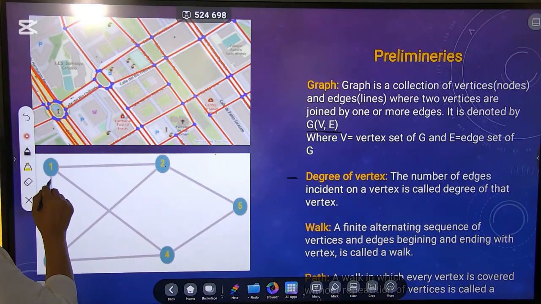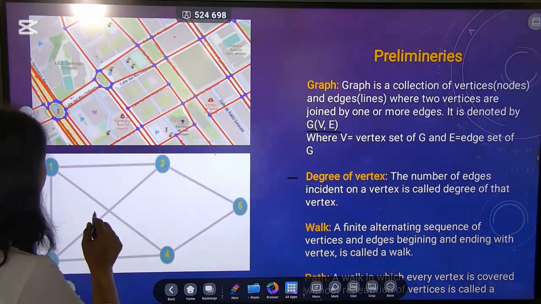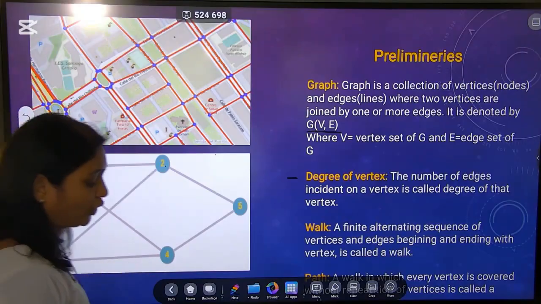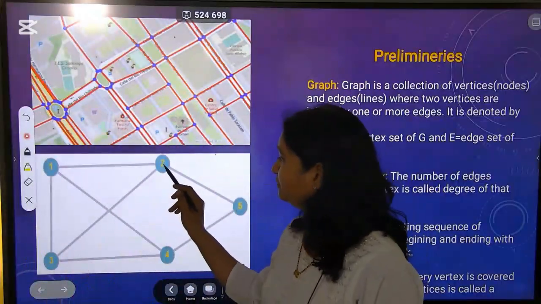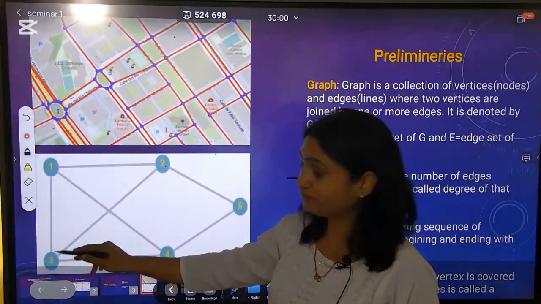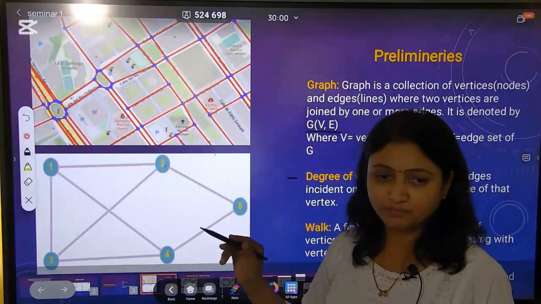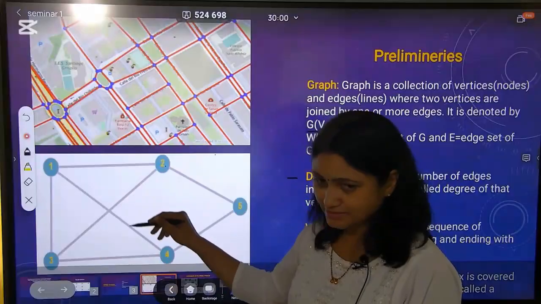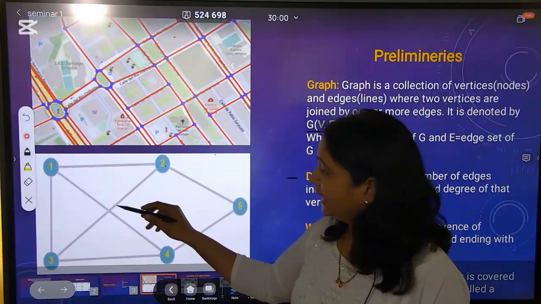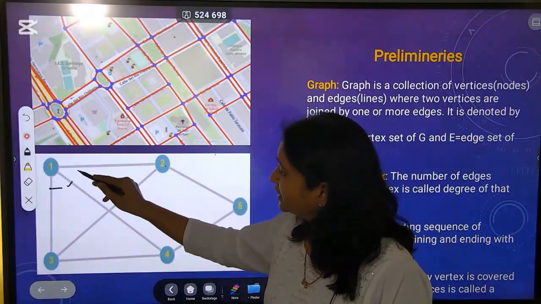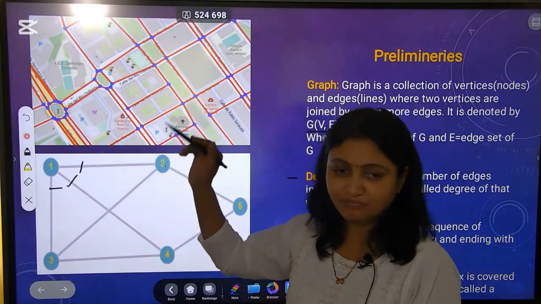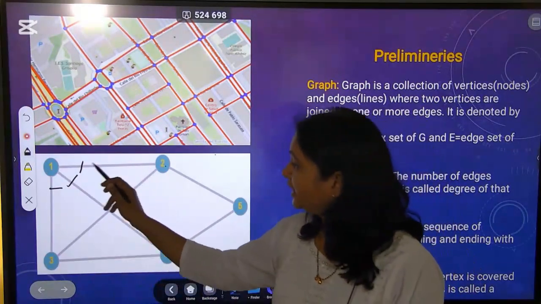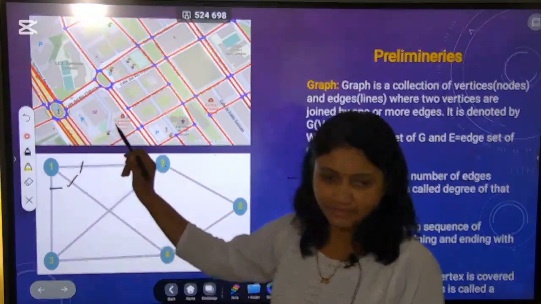So consider this vertex 1. Here 1 is joined to vertex 2, to vertex 3, and to vertex 4. That means vertex 1 is connected to three different vertices, and hence the degree of this vertex is 3, since there are 3 edges incident on the vertex.